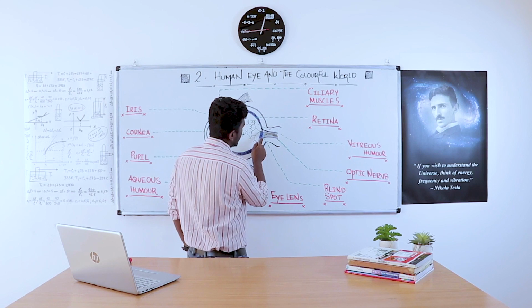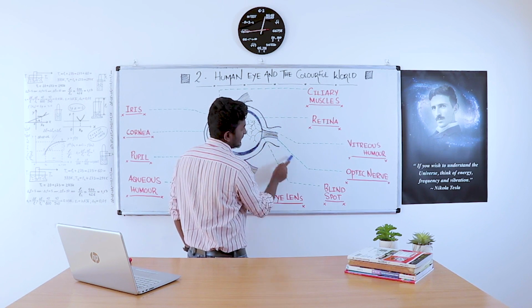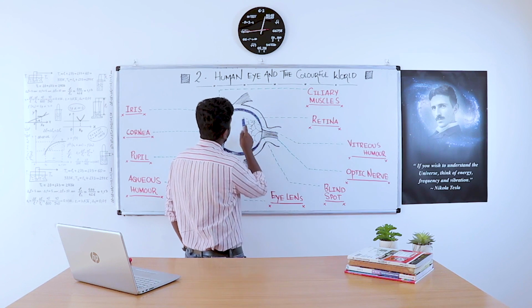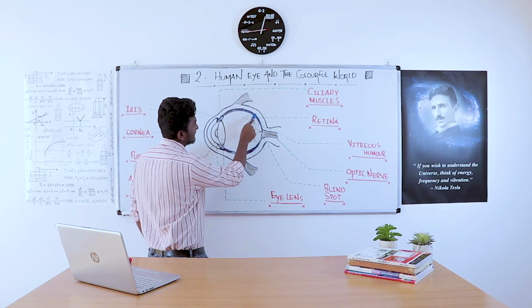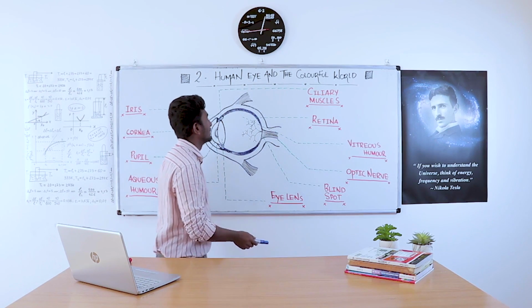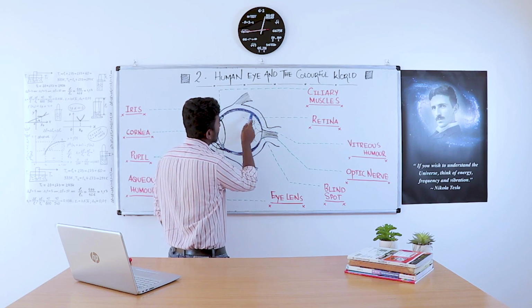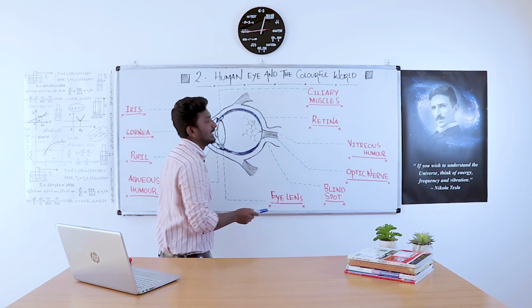And this area is the blind spot. And this one is the optic nerve. This complete area between the eye lens and the last portion of the eye is the vitreous humor. Then this dark area, like a screen, is the retina.